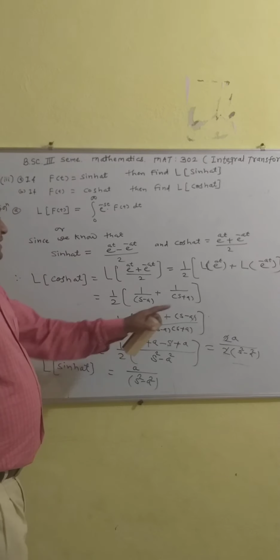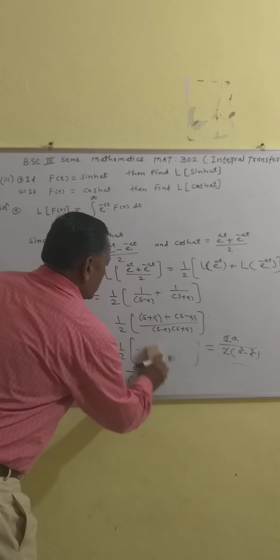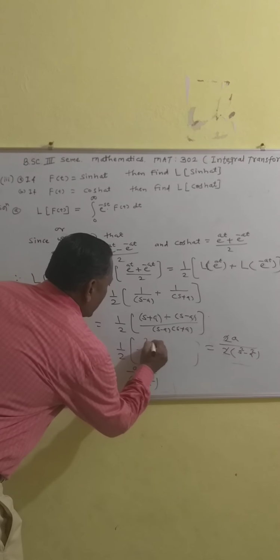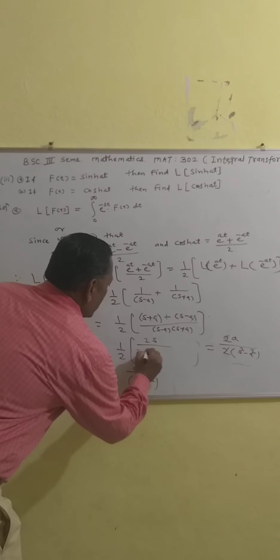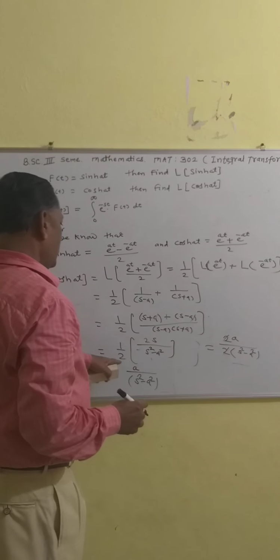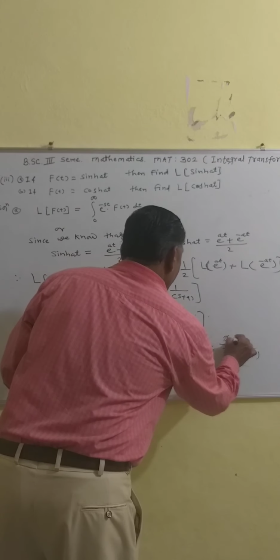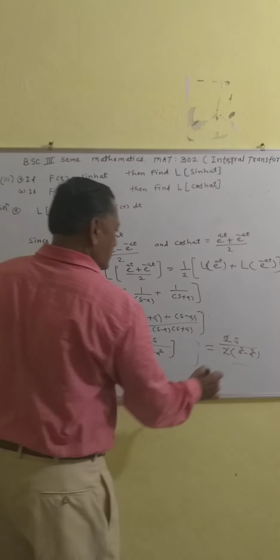then you get s plus s means 2s. Therefore 2s upon s square minus a square. Again here 2 cancels, which is 2s upon 2 into s square minus a square.